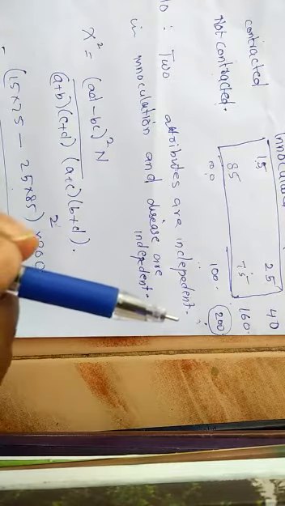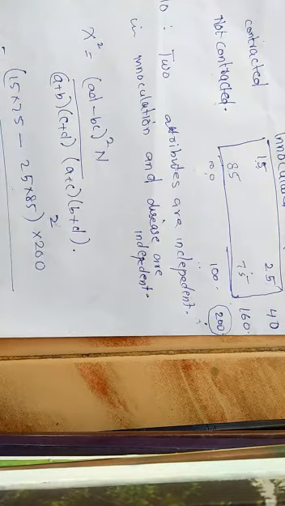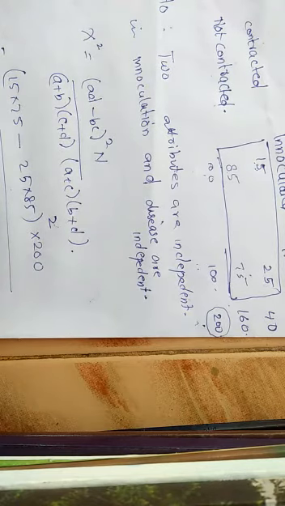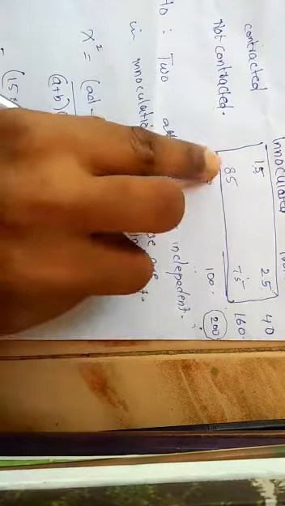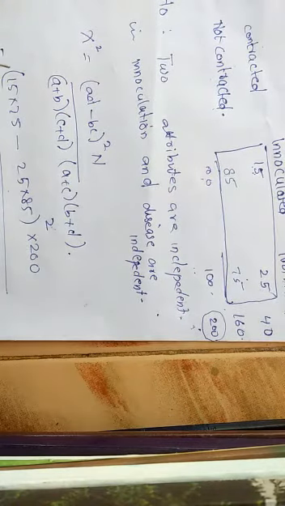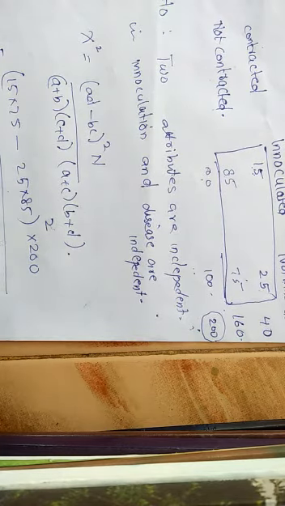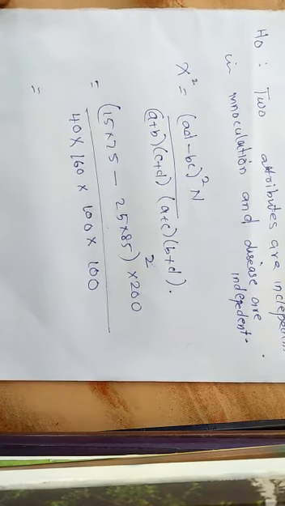Column total or rows total, divided by A plus B, 40, into C plus D, 160, into A plus C, 100, into B plus D, 100. So you give values in this formula.